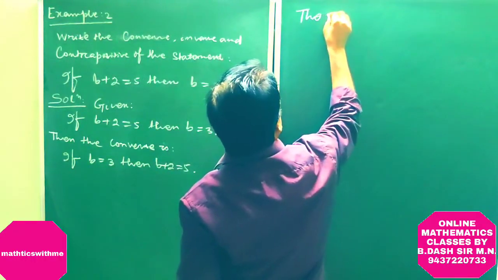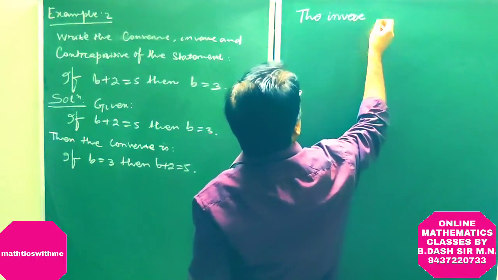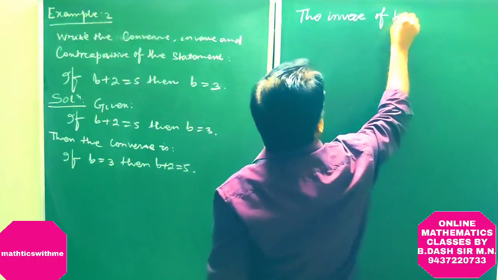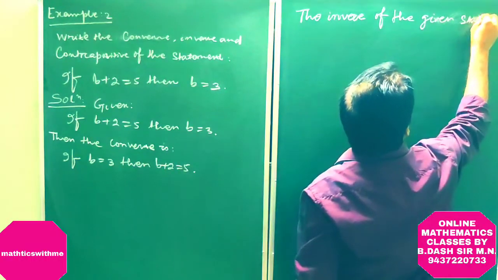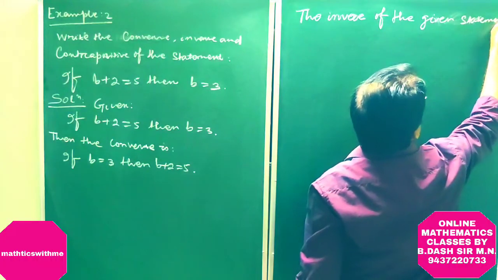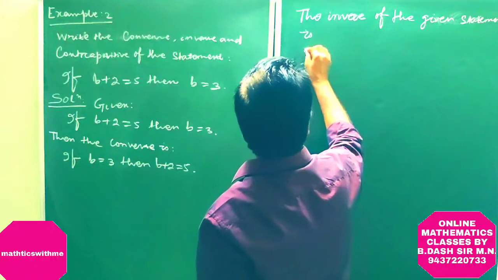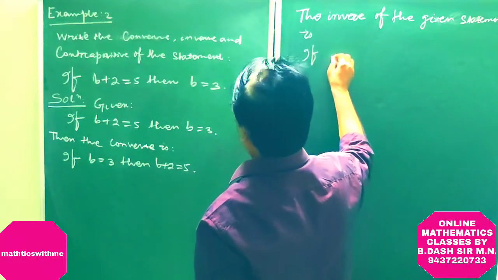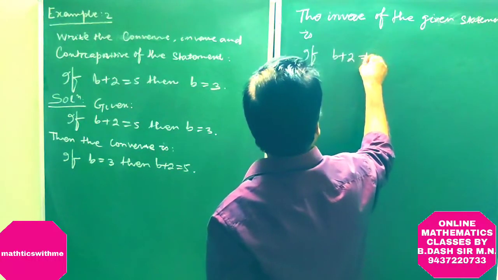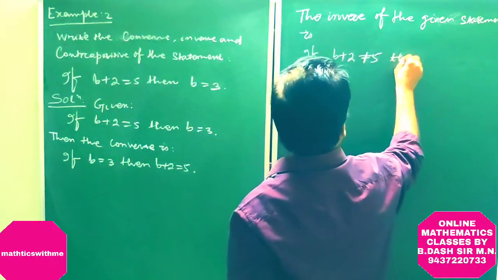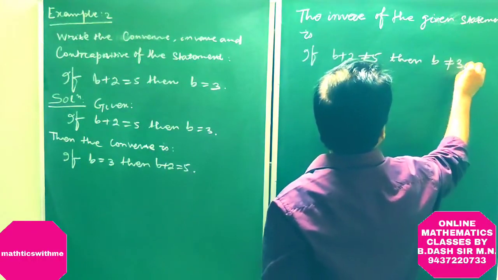The inverse of the given statement is, if b plus 2 is not equal to 5, then b is not equal to 3.